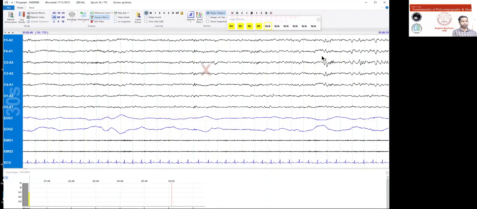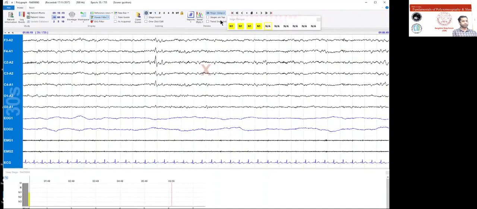If you see, the vertex wave is centrally dominant, and in other electrodes it is less dominant. So this is stage one. Again, you can see the vertex waves.